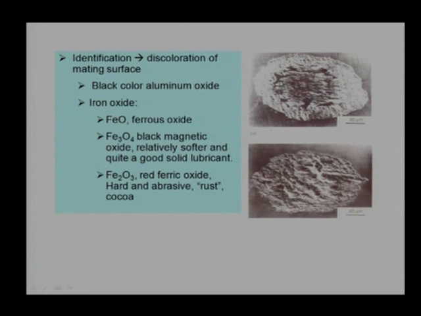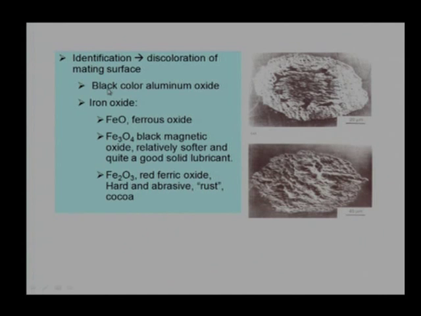And depending on the material, they have a different color. If I am using aluminum, I will find some sort of black aluminum oxide powder when I open the assembly where the failure has happened. Similarly, when we are talking about iron, it can be either iron oxide or ferrous oxide, or the black powder which we generally observe, that is iron oxide again, and here the red ferric oxide, which many times we get in assemblies.